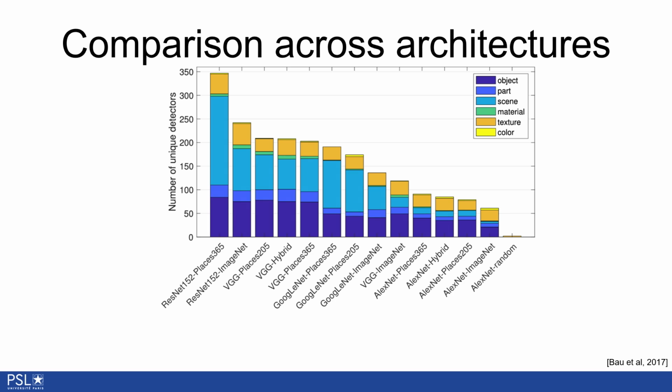The main conclusion from this figure is that different networks can be classified according to their interpretability. In particular, deeper network architectures appear to allow for greater interpretability. The Places dataset also appears to lead to greater interpretability than the ImageNet dataset.